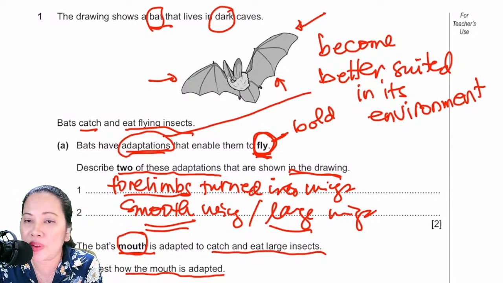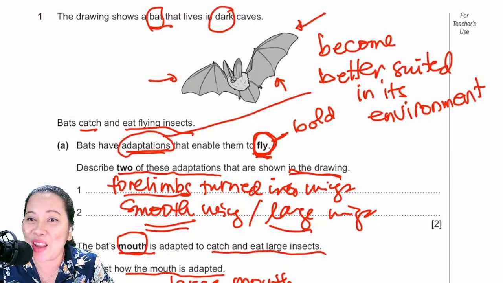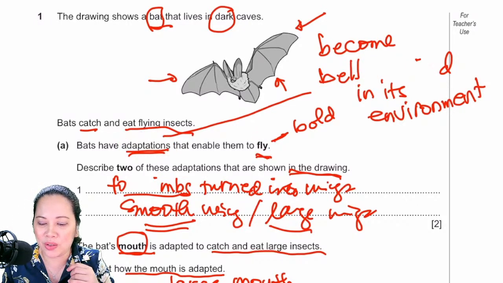Suggest how the mouth is adapted, how the mouth has adjusted to eat large insects. So probably you would say they have a large mouth. Of course, how can you eat large insects if you don't have one?